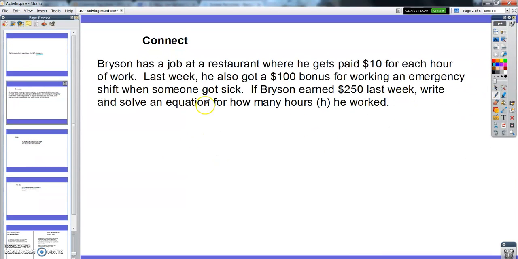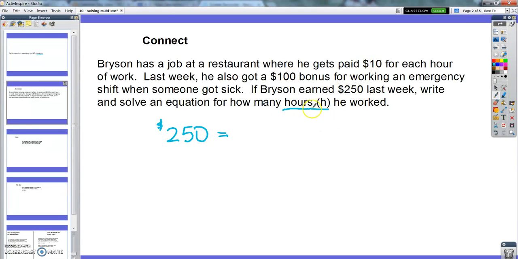So what we know about Bryson's money, he made $250, and we're going to write an equation to try to figure out how he got that. So he got $10 for each hour of work. Doesn't look like I know how many hours he worked. That's my variable.